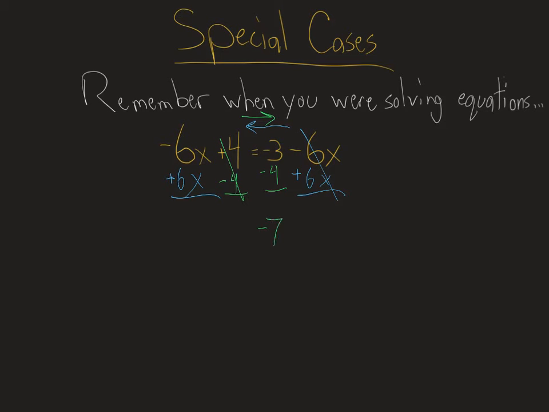I end up with -7 over there, and no x's over here, which means I have 0 left on the left. And I have this as my final equation. And what does that tell us? You're right. That's a no solution.